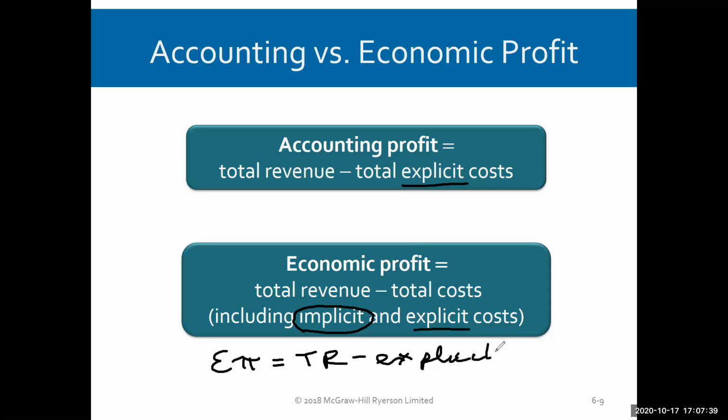So we'll just put explicit costs here. That gives us our accounting profit. But then we further subtract the implicit costs to get at our economic profit. So make sure you understand those concepts, and you can do it pretty much two different ways, however it works best for you.